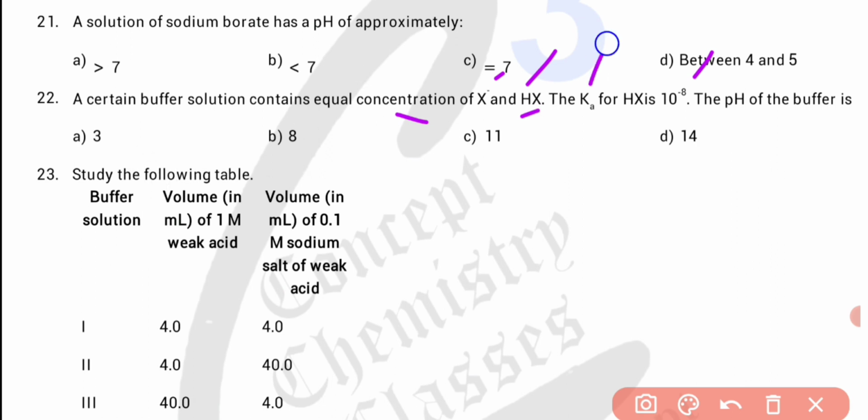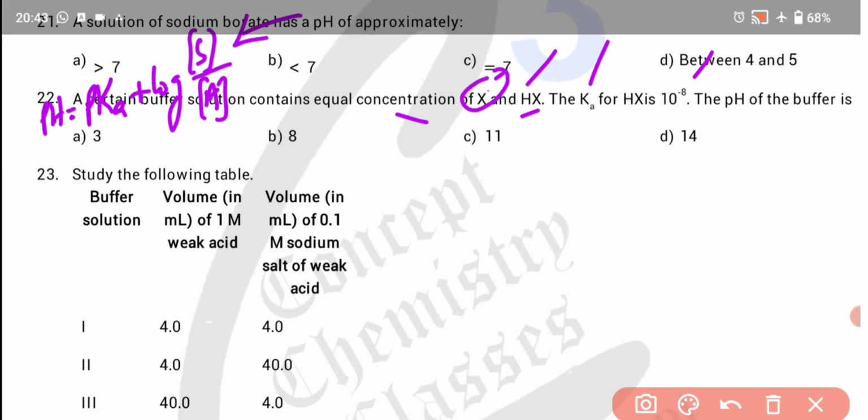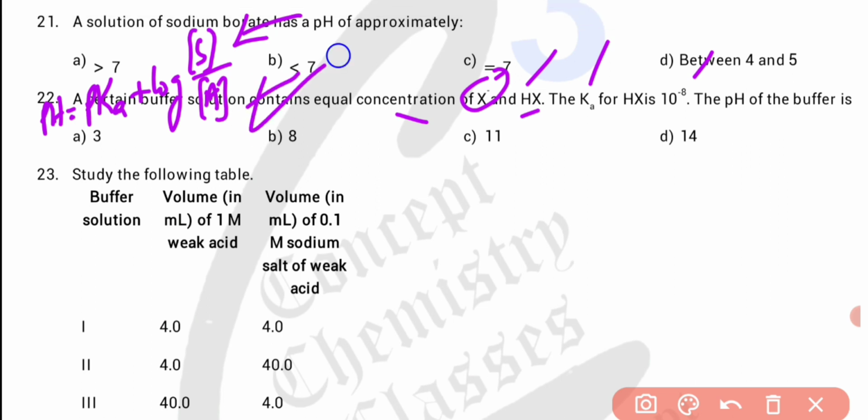Ka is also given. The expression for pH of an acidic buffer is pH equals pKa plus log of salt concentration divided by acid concentration. It is said in the question that X minus is the salt and HX is the acid. They have the same concentration, so these two cancel out.